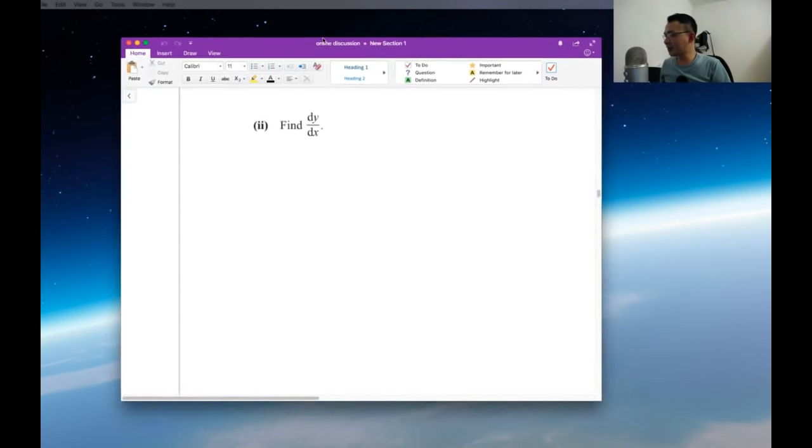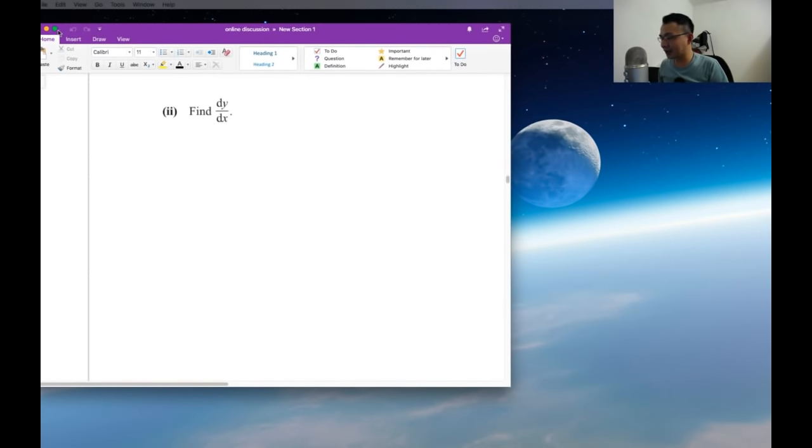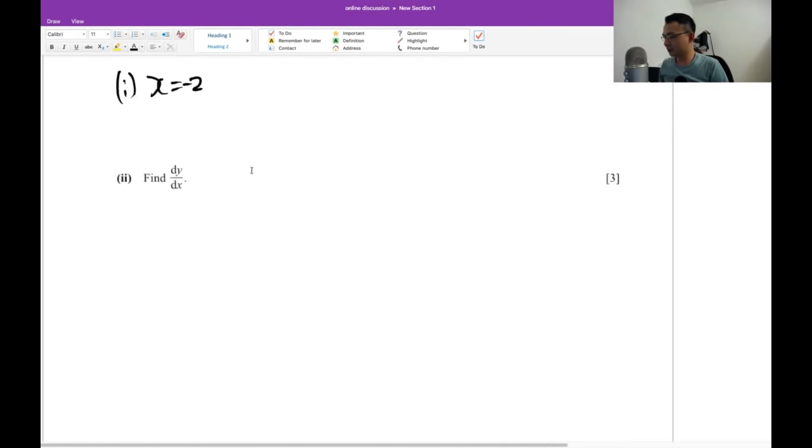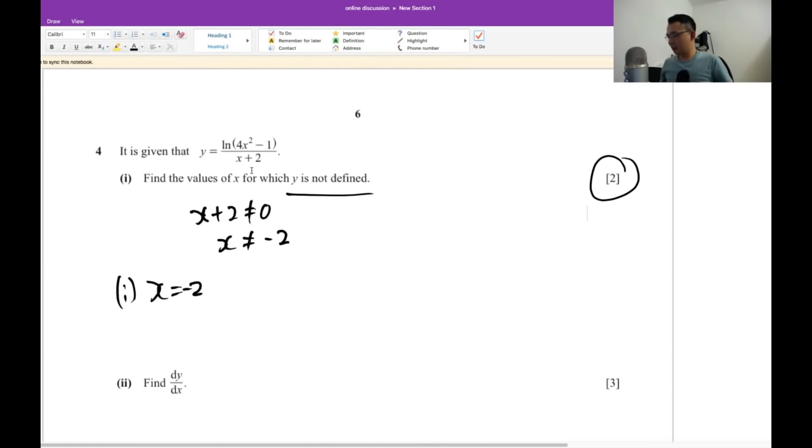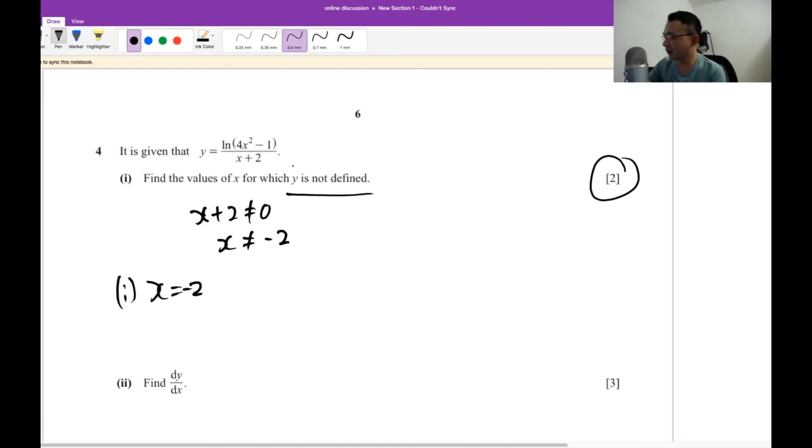Okay, I realize a lot of you cannot understand, right? Okay, let me explain this one again. Undefined basically means when you type into a calculator, you will get math error over here.